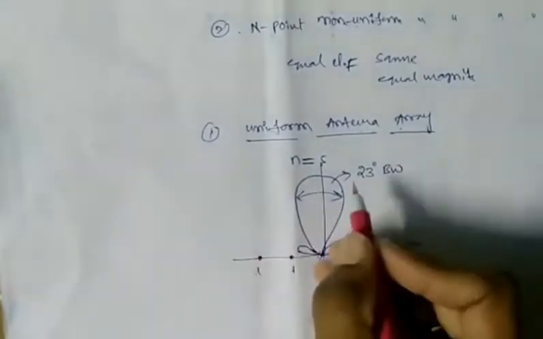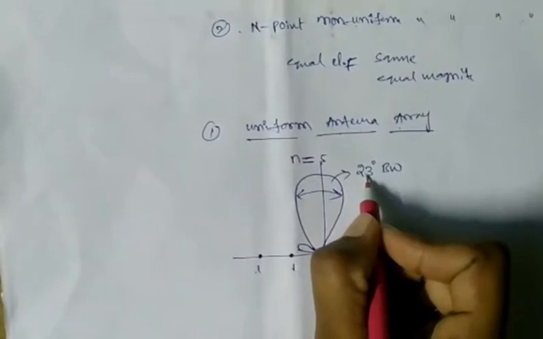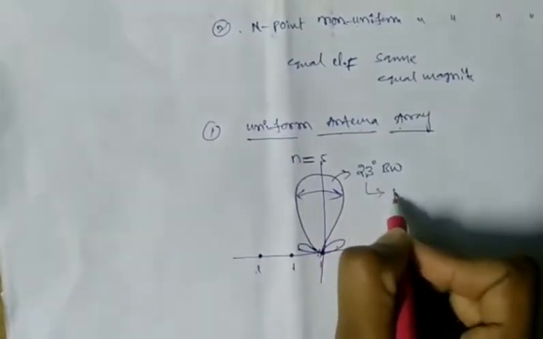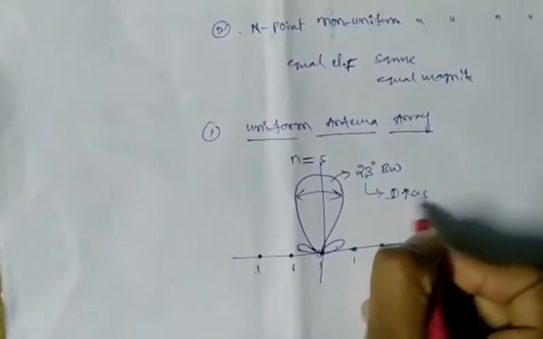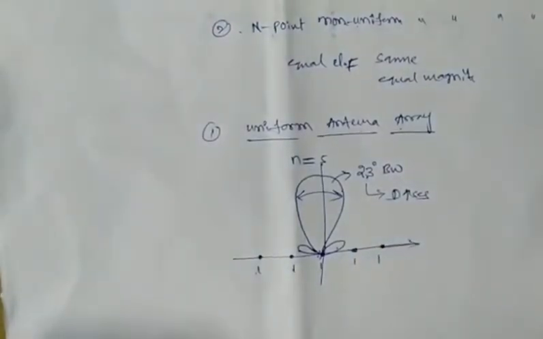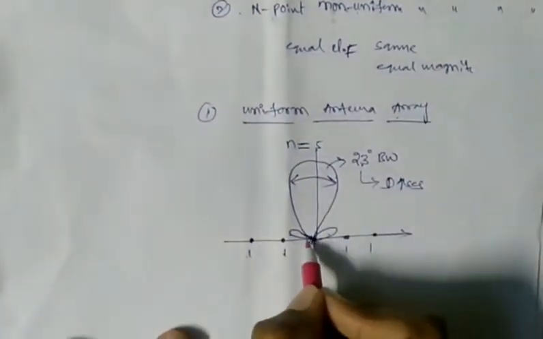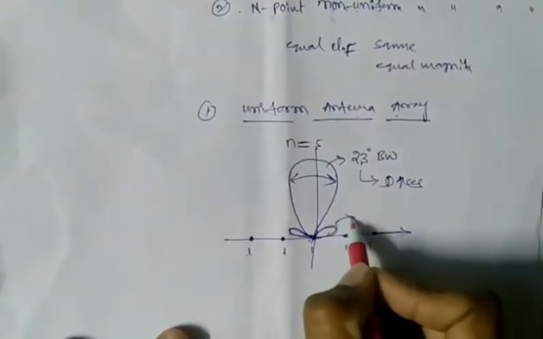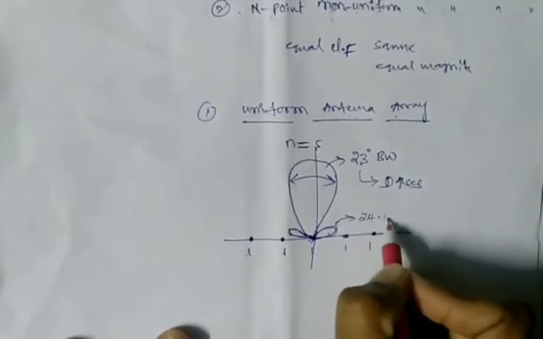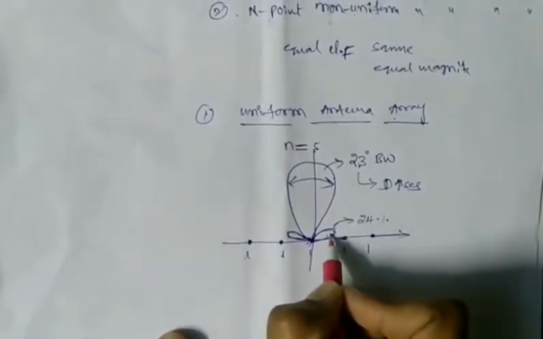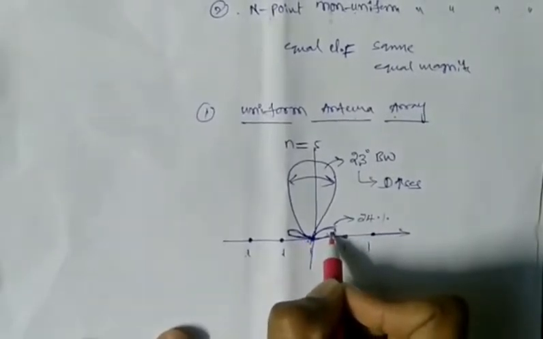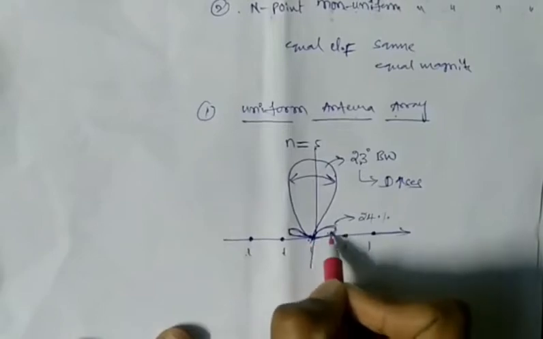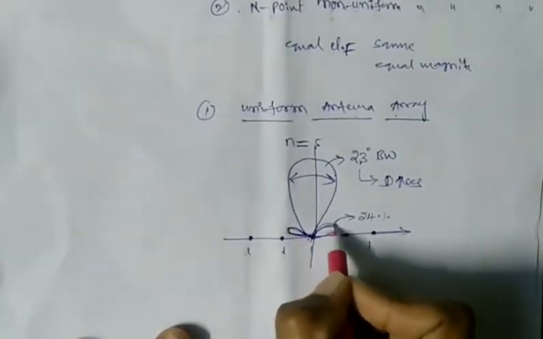This is a somewhat small half power beam width, so the directivity increases. We also have side lobes or minor lobes. Here 24% of the radiated energy goes into these side lobes, means 24% of the radiated energy is occupied by these side lobes.